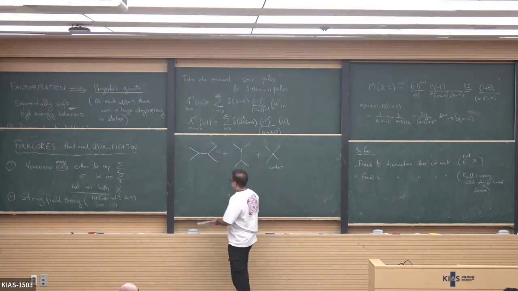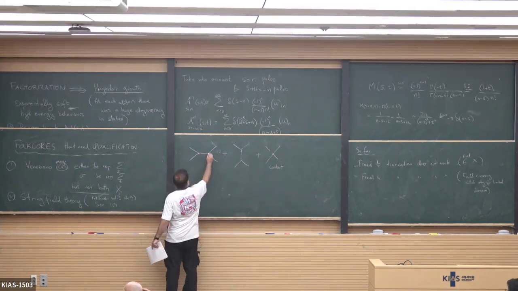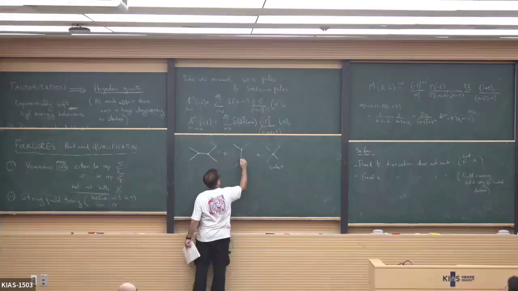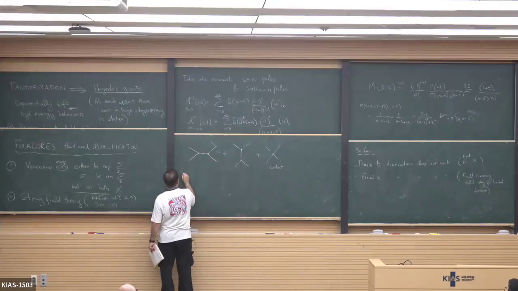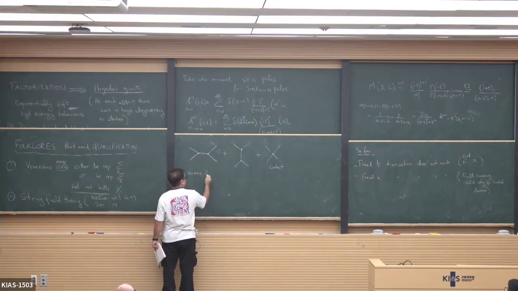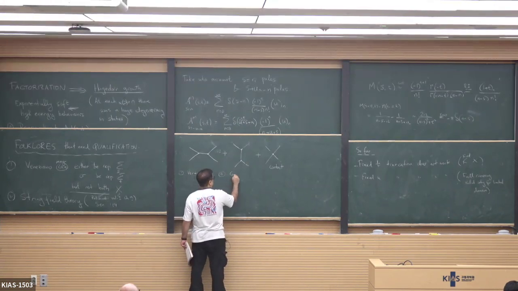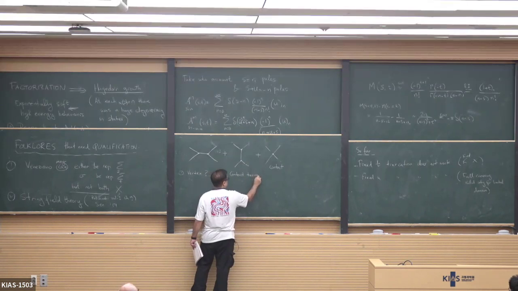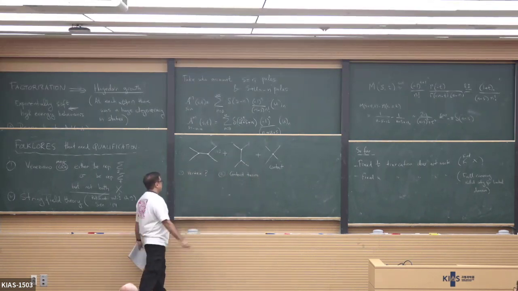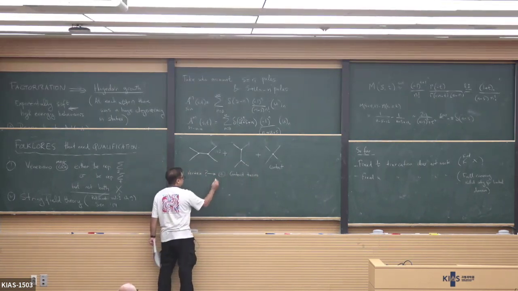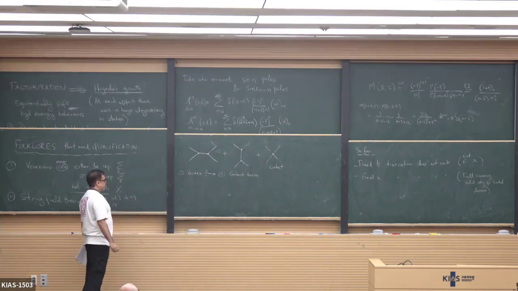So in order to flesh out this formula, I need to tell you what is the vertex. And depending on the vertex, you will get a set of contact terms. Because once I specify the vertex, then your form of the contact terms will be specified.